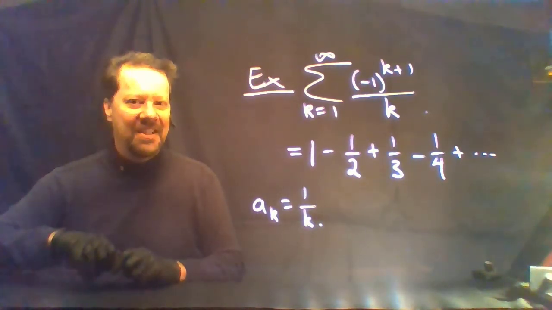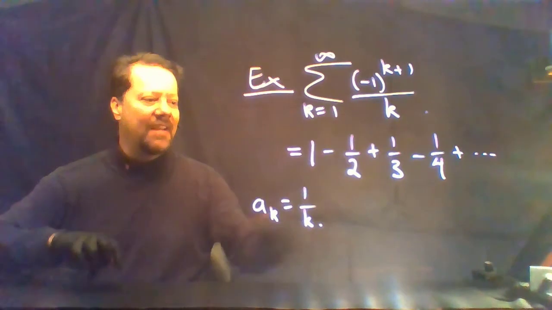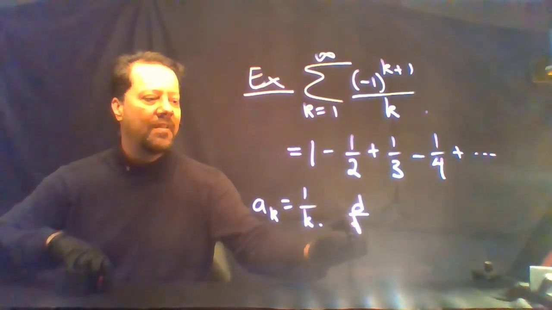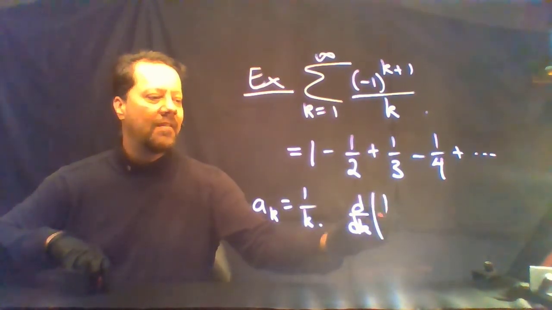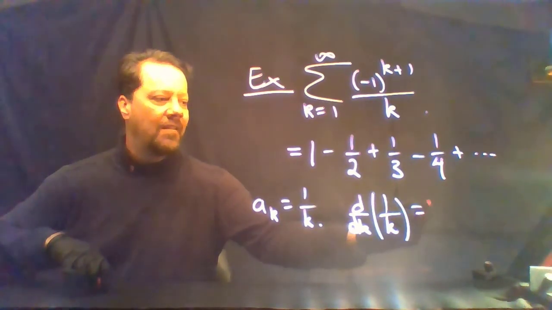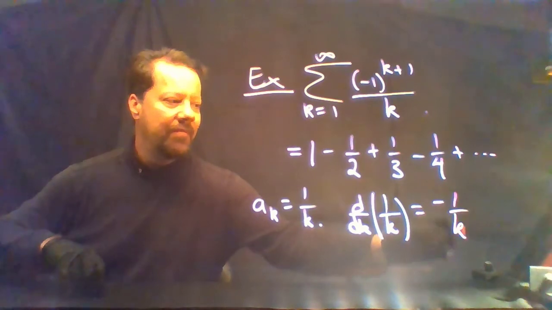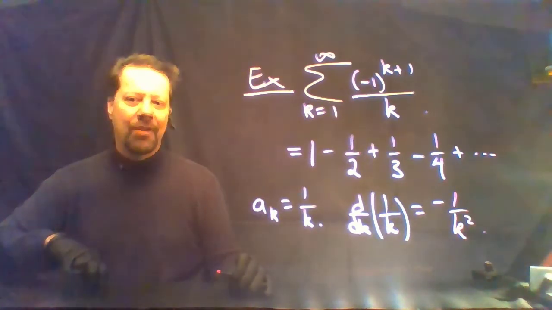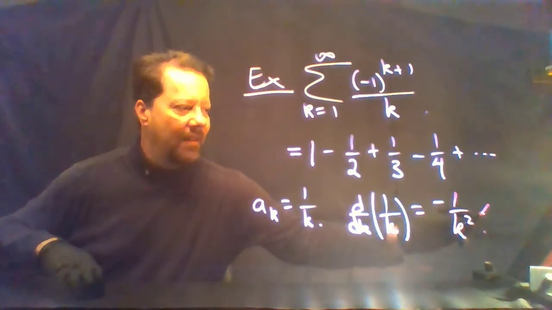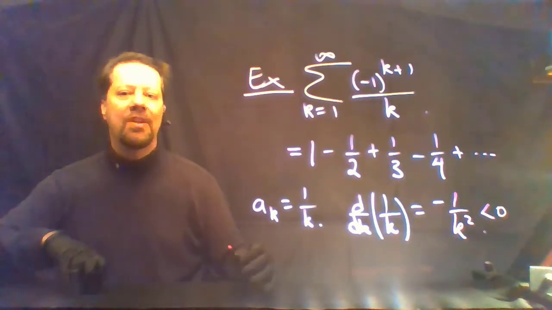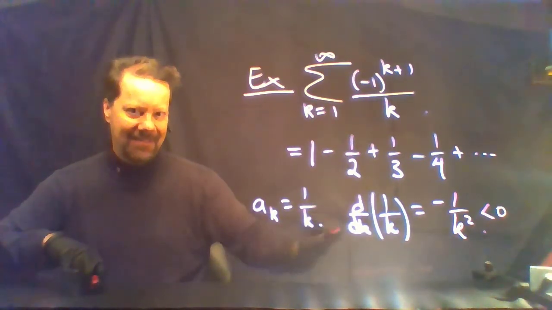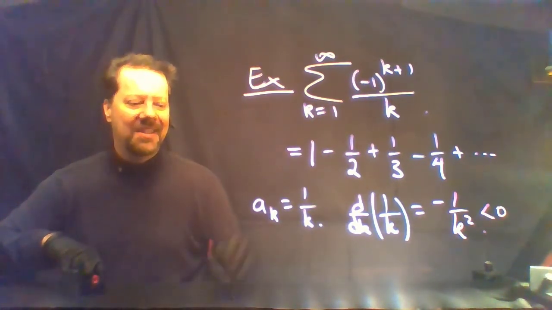For a technique that you can use later on down the line, we can take the derivative. The derivative of 1 over x, you know, is negative 1 over x squared. So here we'll get negative 1 over k squared. The derivative is less than 0, which means it is decreasing, monotonically decreasing.